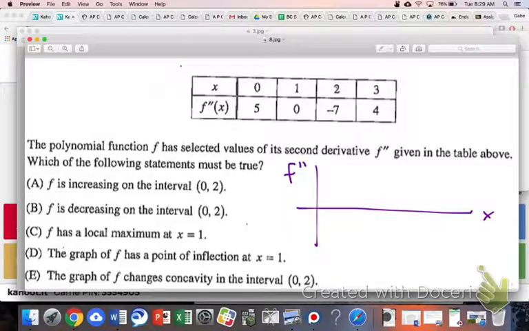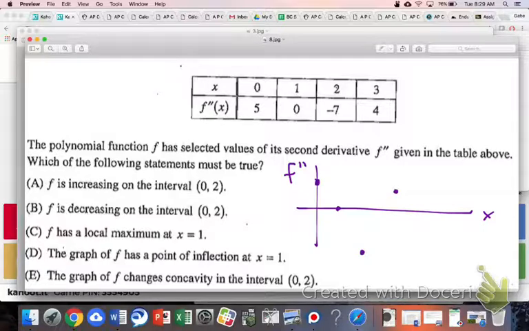So the first point would be 0, 5, which is right about here. The next one is 1, 0, which is there. 2, -7 would be down there somewhere. And then 3, 4 would be right about there. Does that make sense? Okay.